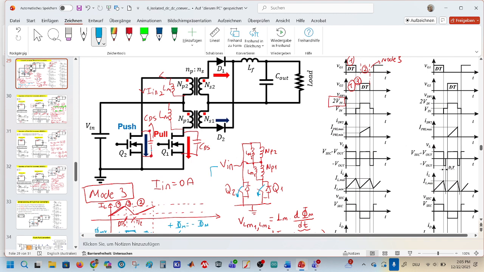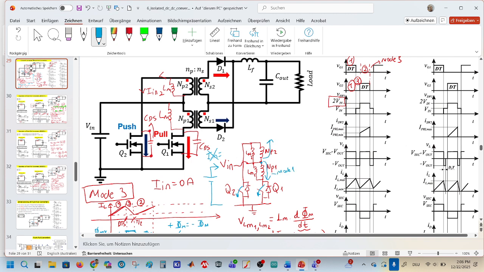Open means we don't have a current flow from the input. But before that, for example, during mode 1, there was a current that was maybe flowing like that or like that. This is mode 1.